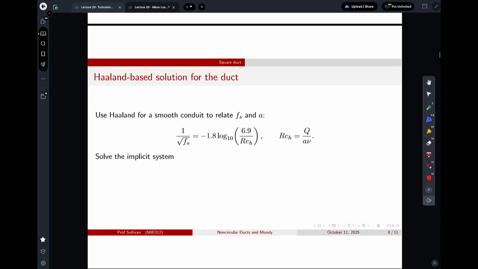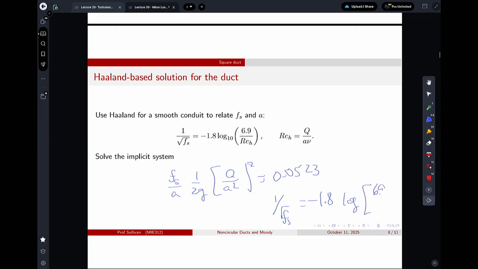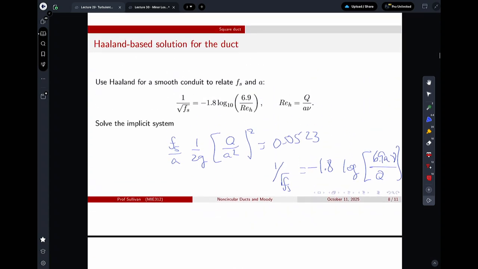And so there we go. Fs over A, times 1 over 2G, times Q over A squared, squared, equals 0.0523, and 1 over square root of Fs equals 1.8 log of 6.9 A nu over Q. I've got everything set up, and those are your two equations.